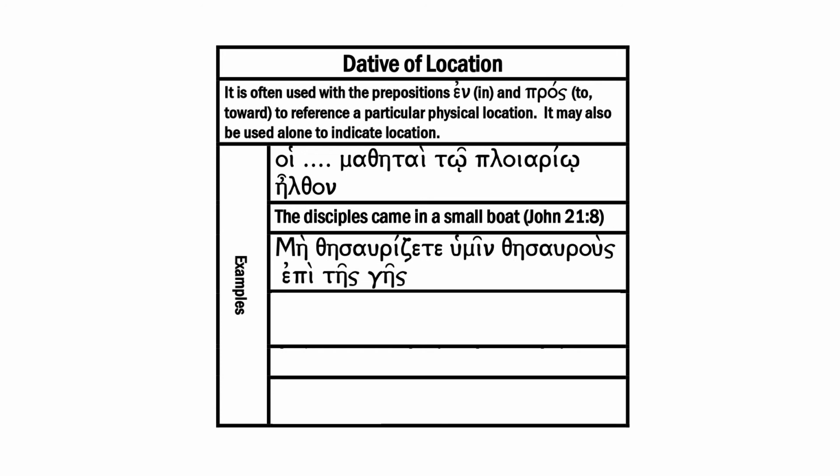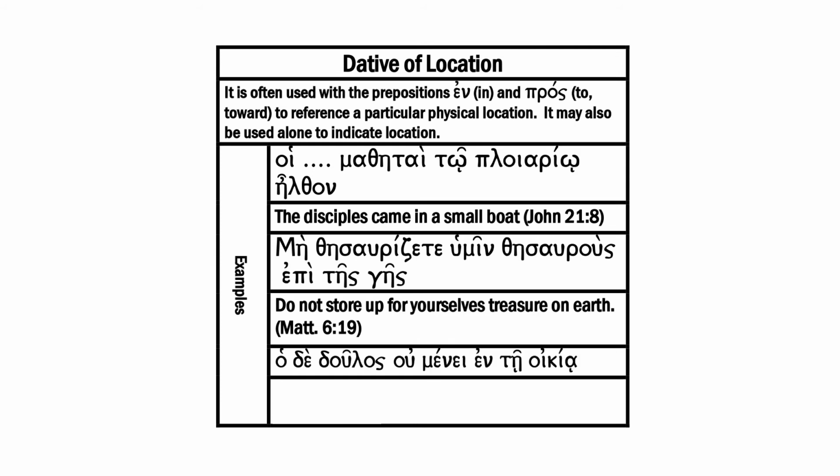Me thesaurizete humin thesaurous epi tes ges. Do not store up for yourselves treasures on earth, Matthew 6:19. Ho de doulos ou menei en te oikia, and the slave does not remain in the house, John 8:35.